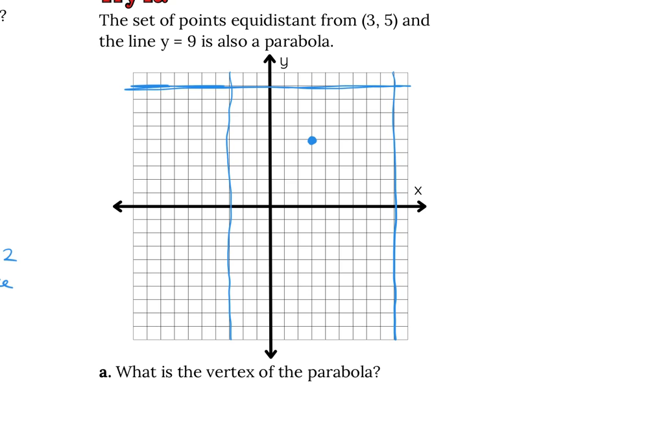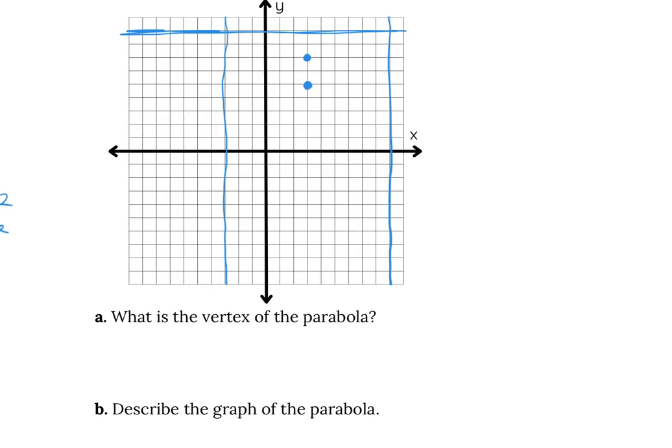We want to find a point that is equidistant from the point they gave us and our line. That's going to be right here, and that is our vertex. So our vertex is going to be at (3, 7).